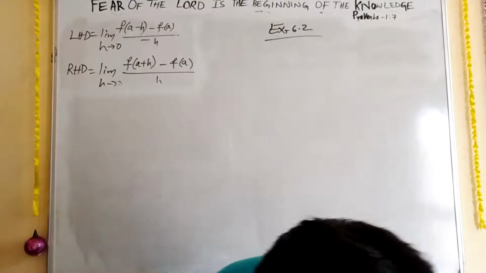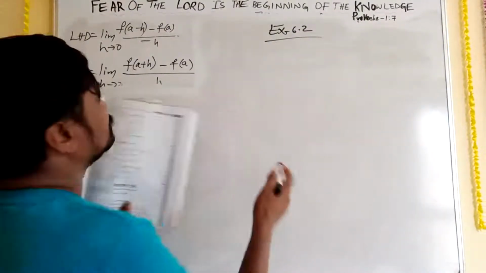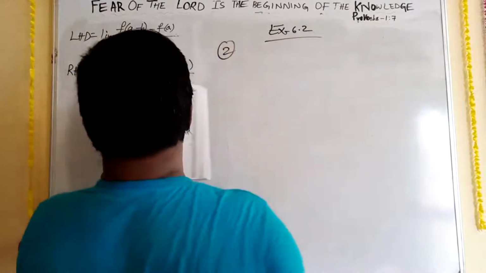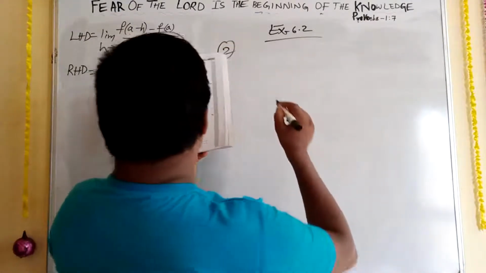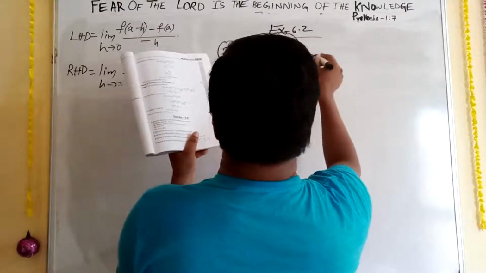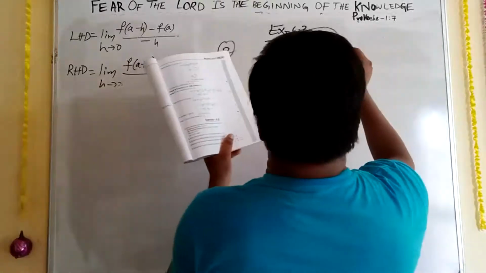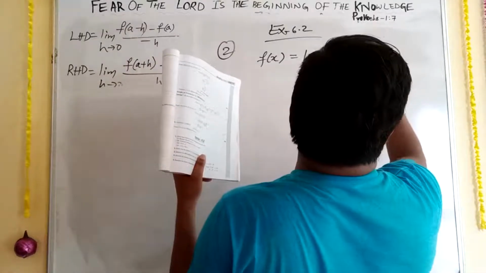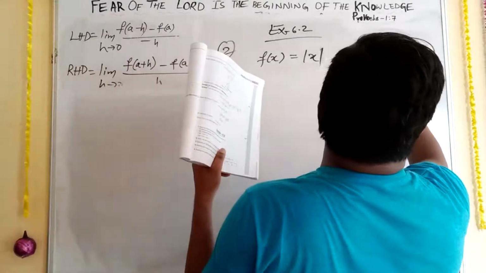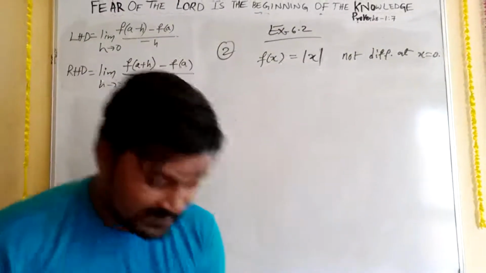Second question: show that the function f of x is equal to modulus x is not differentiable at x is equal to 0. Very simple. It's not a big issue.